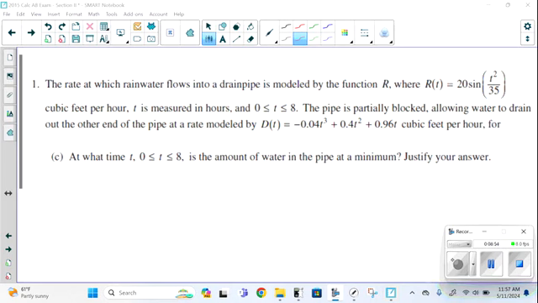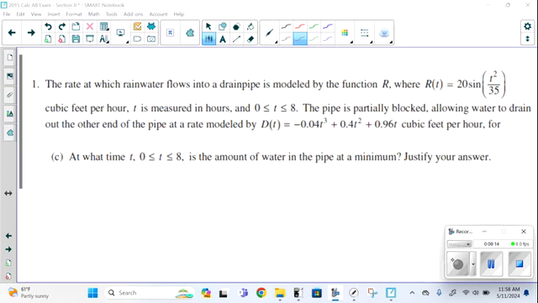1C. At what time, t between 0 and 8 inclusive, is the amount of water in the pipe at a minimum? I feel like there was a problem on the 2019 or 2021 test where I kind of explained the same type of scenario.